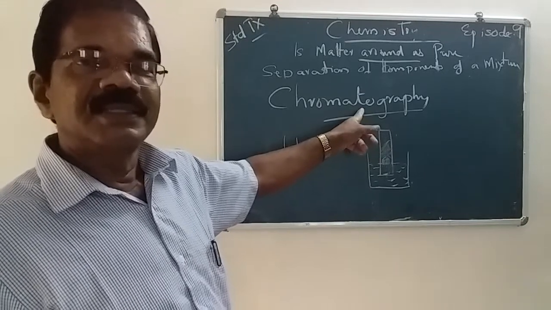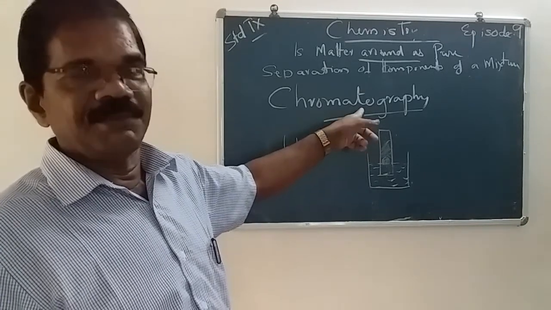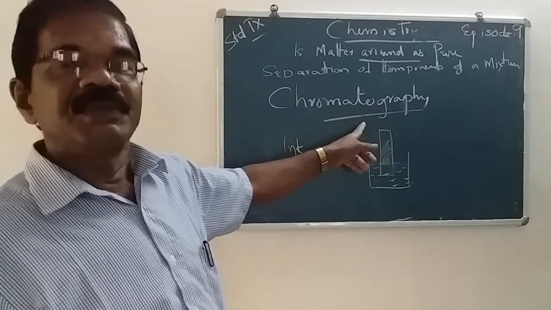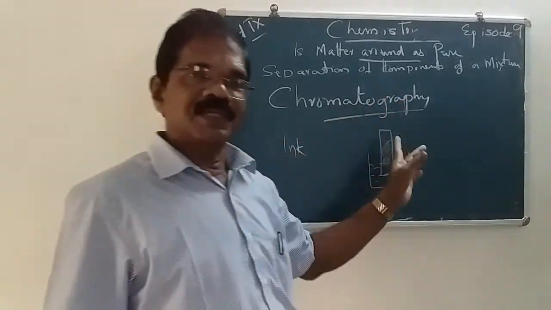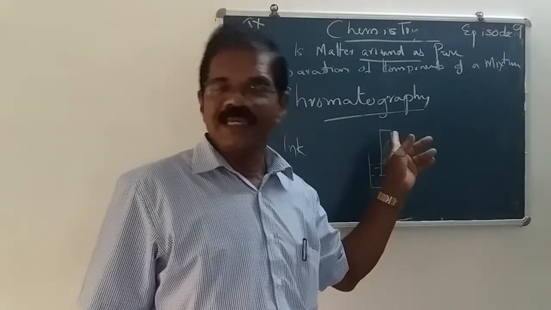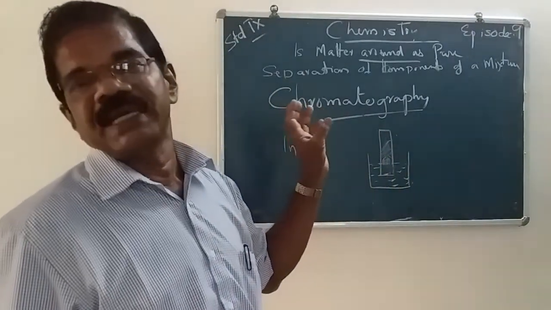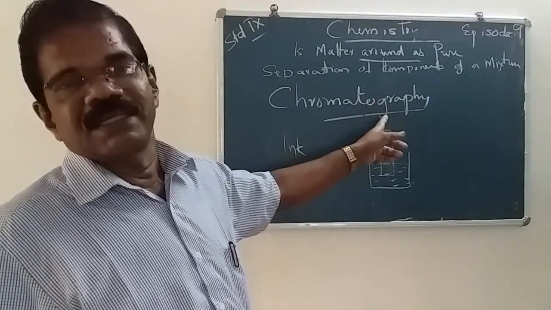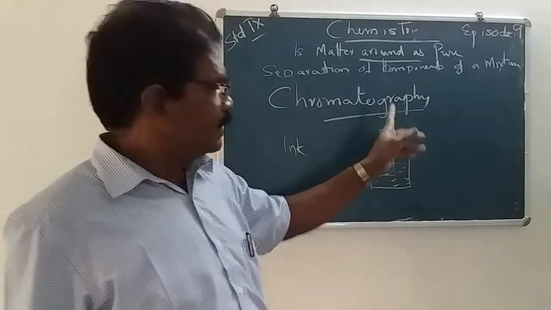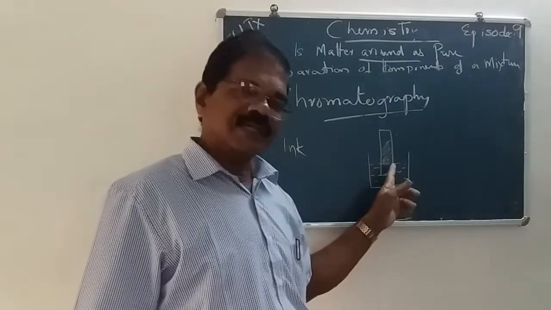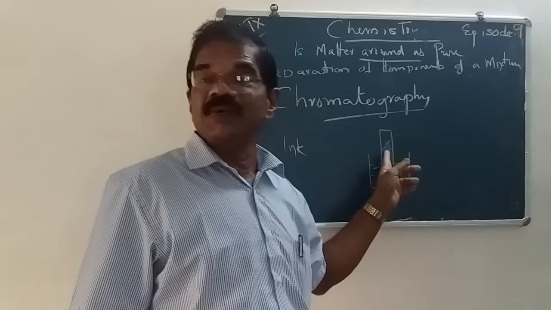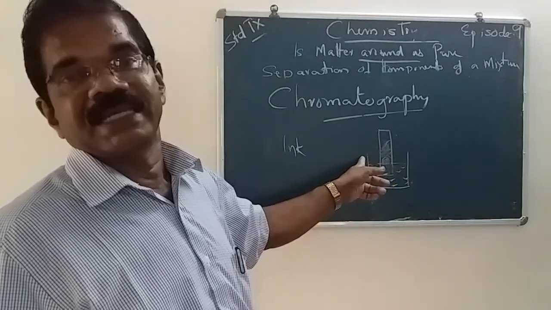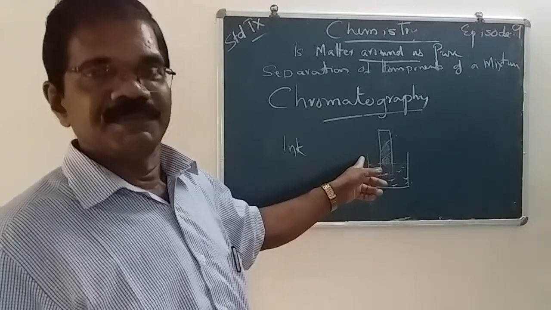Example: separate dyes, dye meaning color, from the ink. Which property does it depend upon? Ink is a mixture of more than one color particles dissolved in it. The solubility of the different colors is different, not the same.